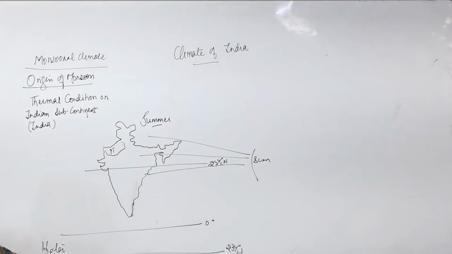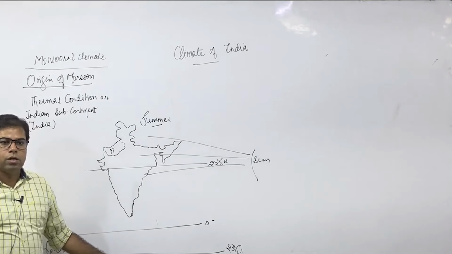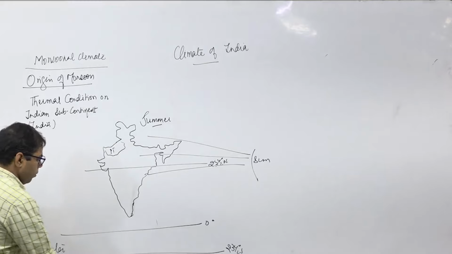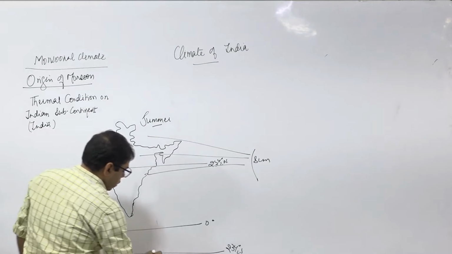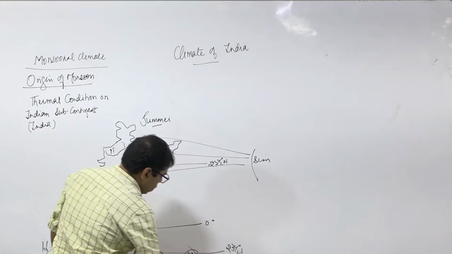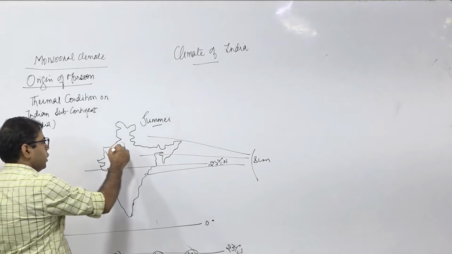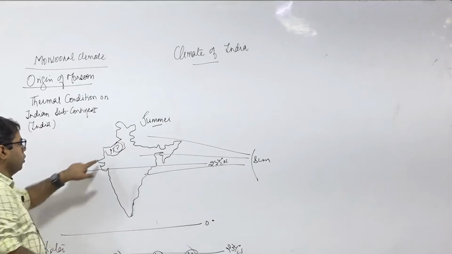If the winter in the southern hemisphere is there, what will the pressure be here? High. So there will be a high pressure zone. This entire area will have high pressure. Low temperature, high pressure. Summer in India, the pressure will be low, due to the rise in temperature. And where is it low? Over the Thar Desert.